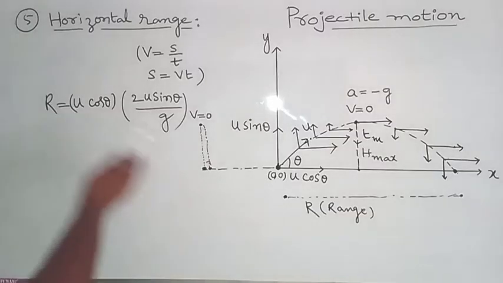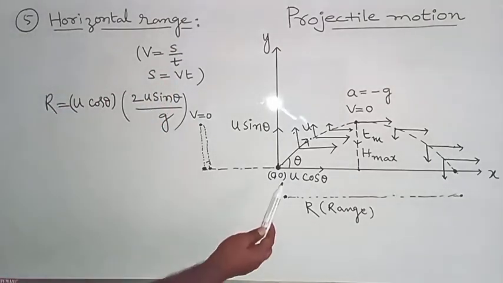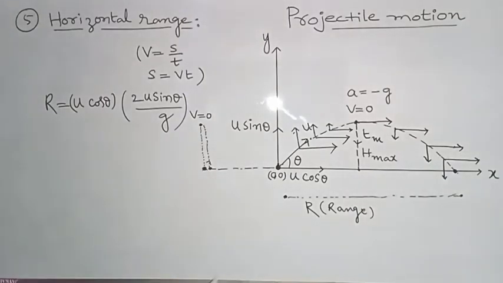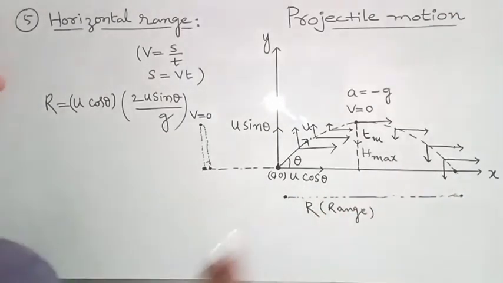Now look at this fifth point, horizontal range. Horizontal range means horizontal displacement. How much is traveled by the projectile object is called horizontal range or horizontal displacement. This horizontal displacement we call range, from the projected point to the reached point.